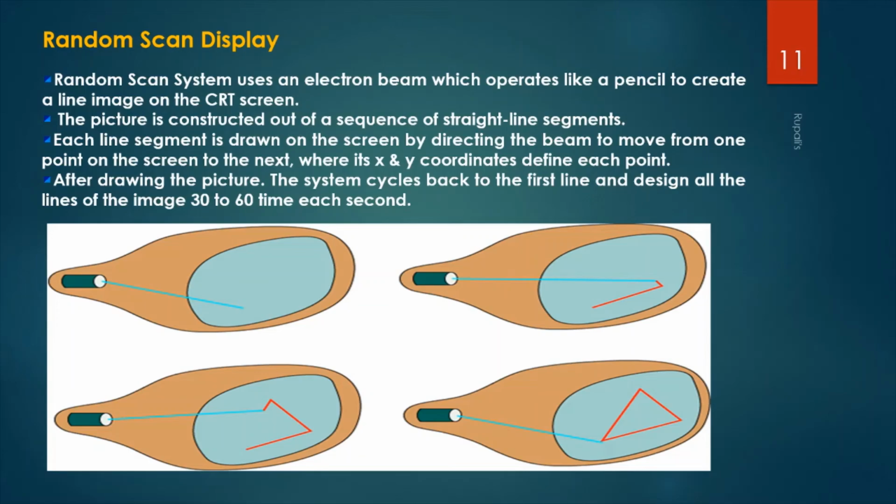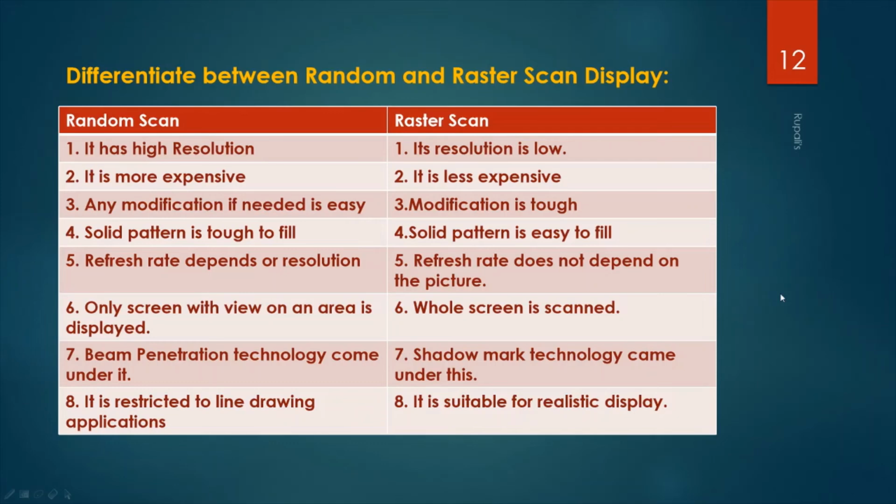So, what is the difference between random scan and raster scan? In case of raster scan, resolution is low and in case of random scan, resolution is high. Random scan display is more expensive than raster scan. Modification is very easy in case of random scan, but in case of raster scan, modification is tough.